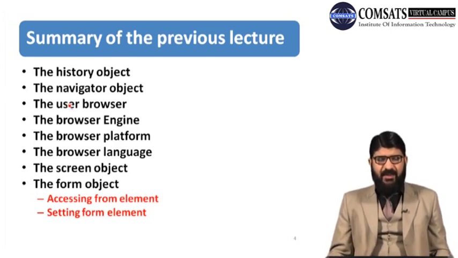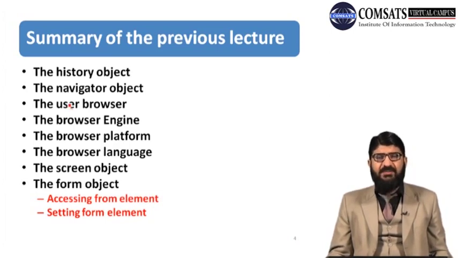Then there is a very important object, that is the screen object. The screen object is used to know about the screen of the user device. It has different sub-properties. One is the avail height. If you use avail height, it will give you the height of the user screen without the height of the taskbar.